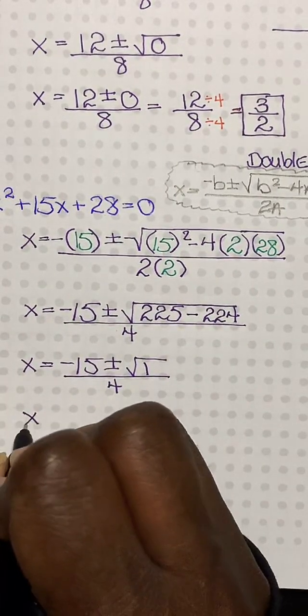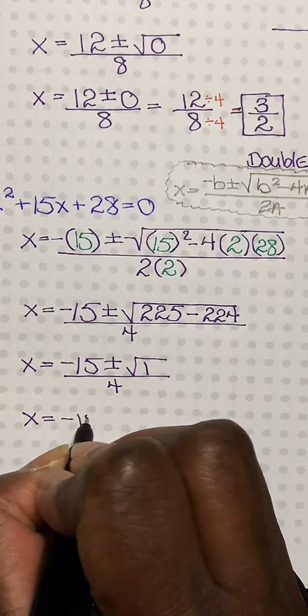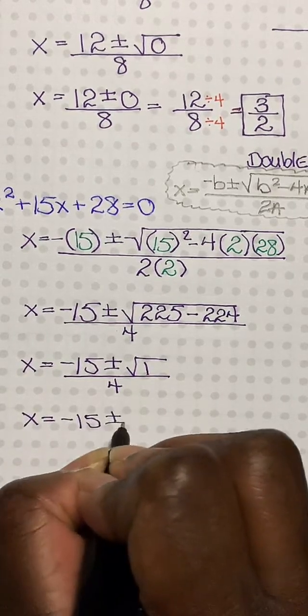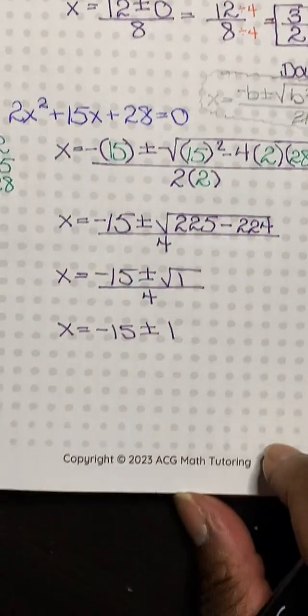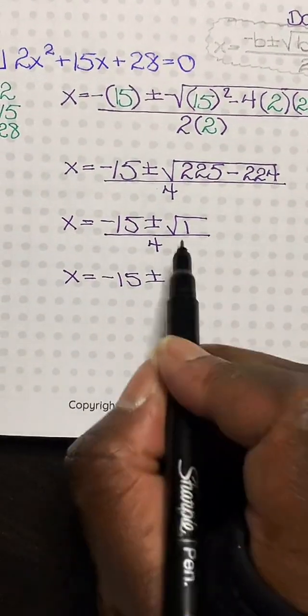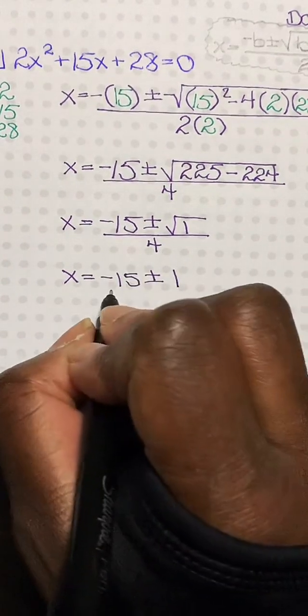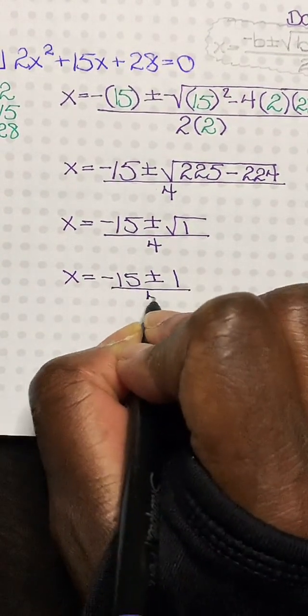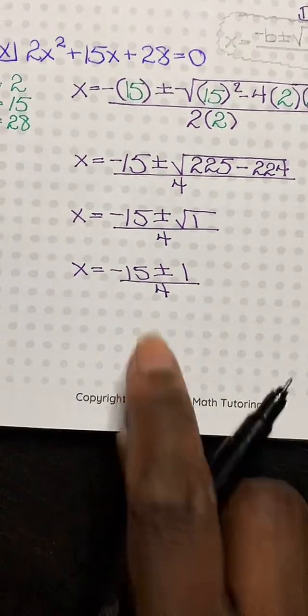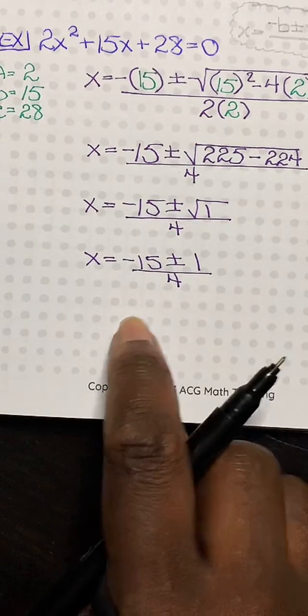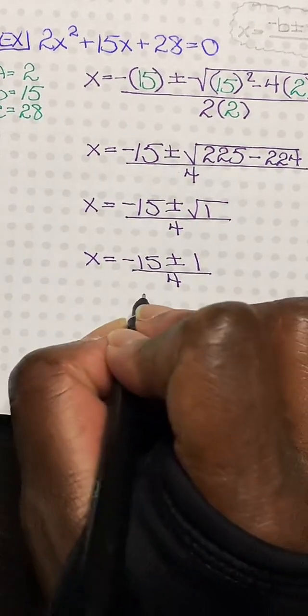So we know we have negative 15 plus or minus 1, because the square root of 1 is just 1, over 4. Basically they're saying you have two answers.